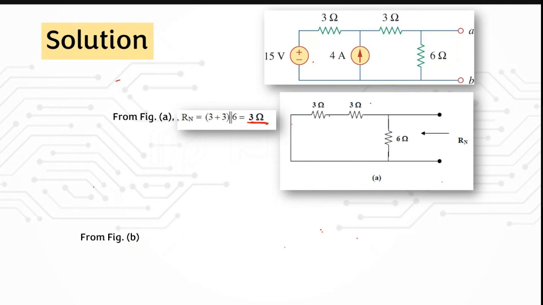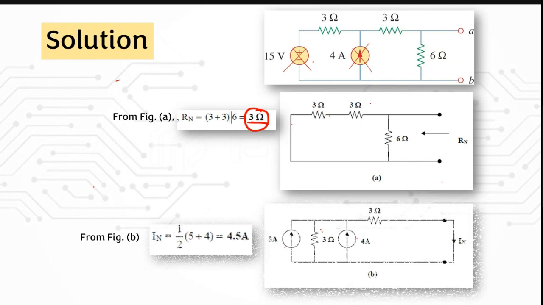When you turn off the voltage source, it's going to be a short circuit, and when you turn off the current source, it will be an open circuit. So 3 plus 3, parallel with 3, and then parallel with 6, and when you calculate, you get it equal to 3 ohm.